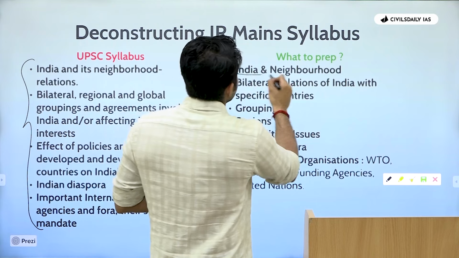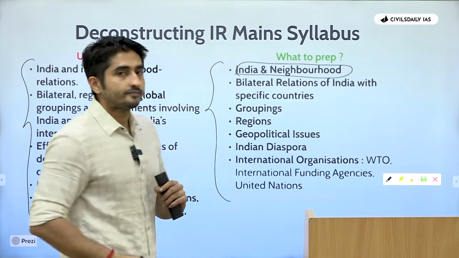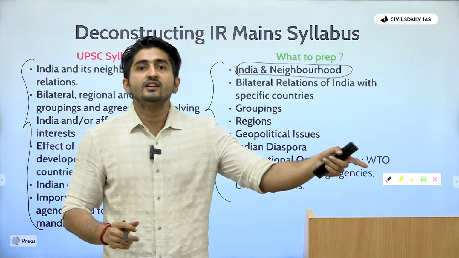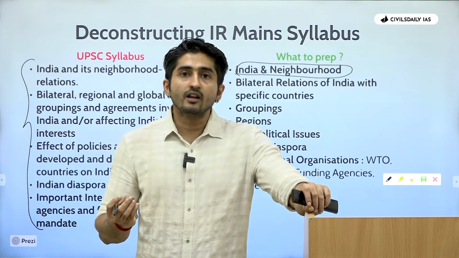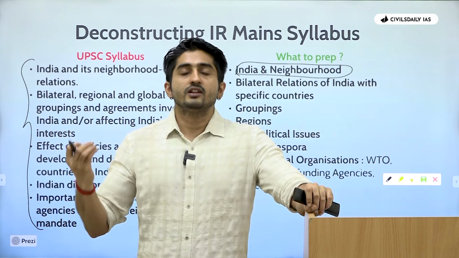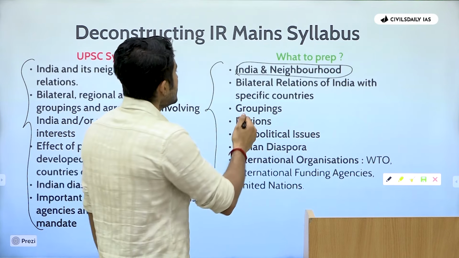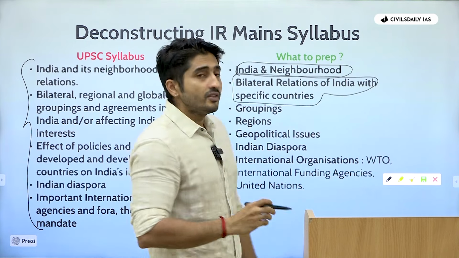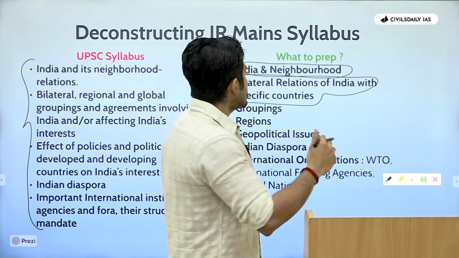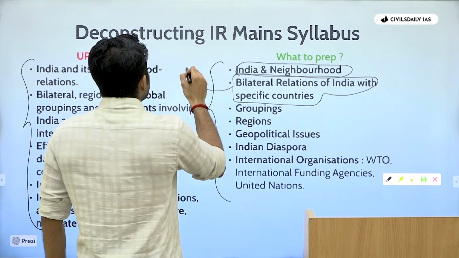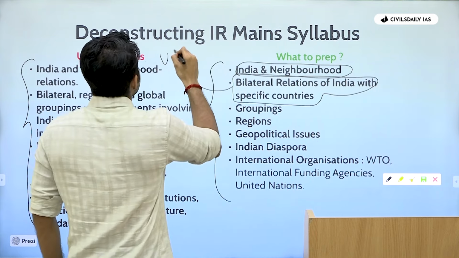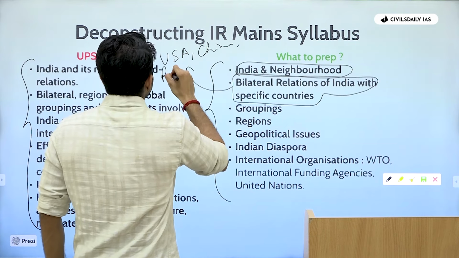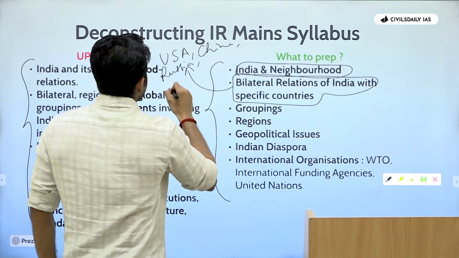If you see, you start with India and neighborhood and India's relation with its neighbor countries and the extended neighborhood, like be it Iran or the Vanilla Islands or the Central Asian countries. Then you get questions on bilateral relations of India with very specific countries, and mostly it's a geopolitically very important country, like be it USA, China, Russia, Israel.